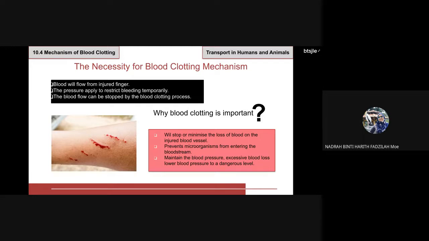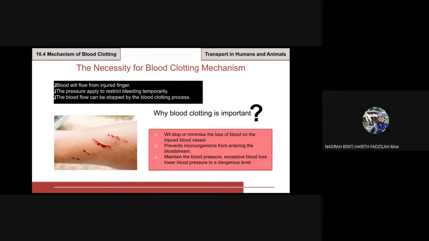So when there is injury, kalau kita tengok dalam video tadi, kejap saya tukar kepada draw function so that you can take notes. Okay ya. So bila ada injury represented by bangunan yang runtuh tadi tu dan ada lubang besar kat situ kan, it shows that that particular blood vessel is exposed to the environment.